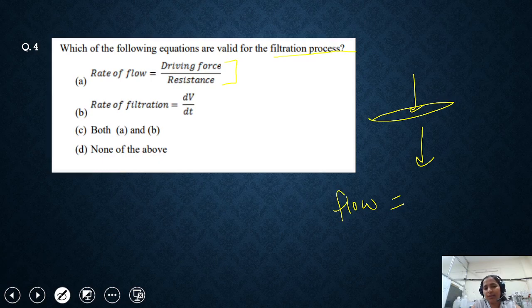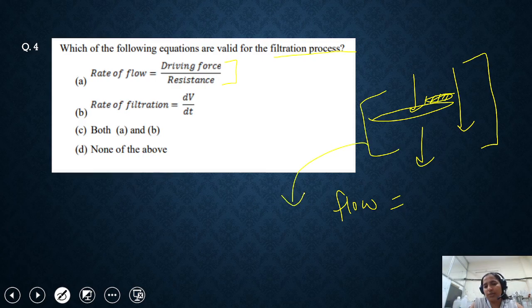Normally if something is filtering out, suppose this filter paper you are using, and the liquid part is filtered out and the solid part is separated or collected on the filter paper. Then this rate of flow is equal to, why is this flow occurring? This flow is occurring due to the presence of a pressure difference, or you can say force.